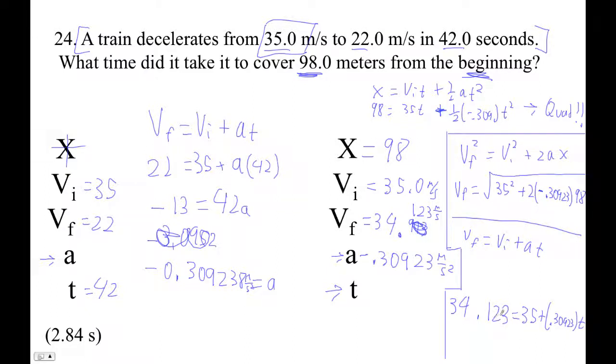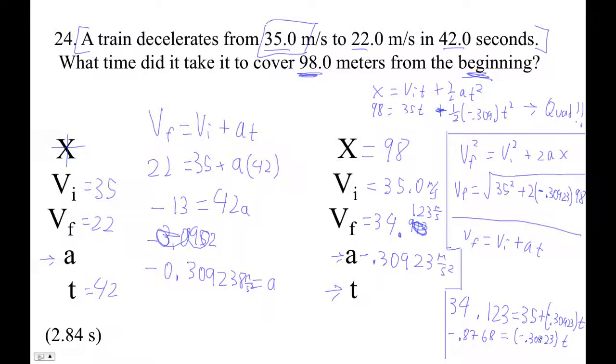Let's subtract 35 from both sides, and I get negative 0.8768 equals negative 0.30923 times t.